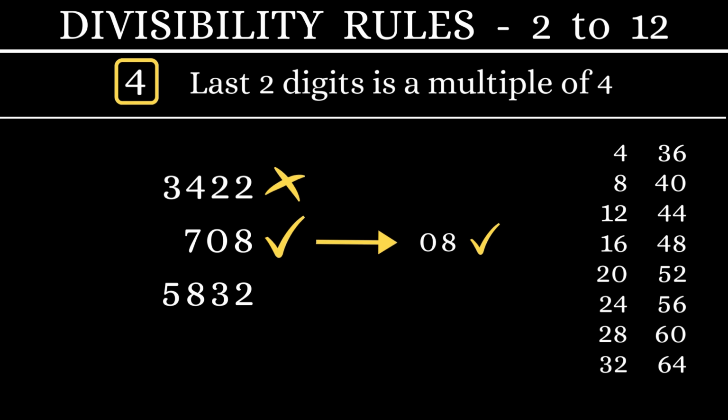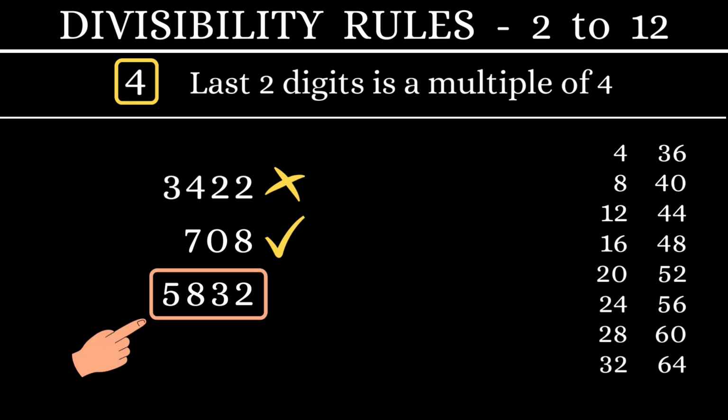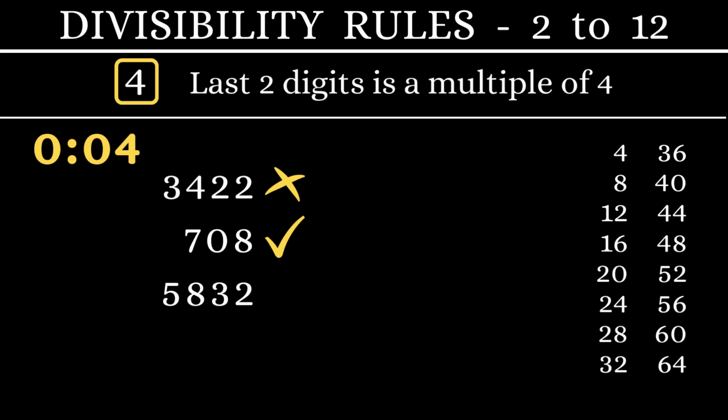As usual, the last example is for you to work out. And the answer is yes, it is divisible by 4. Next, let's understand the divisibility rule for number 5.